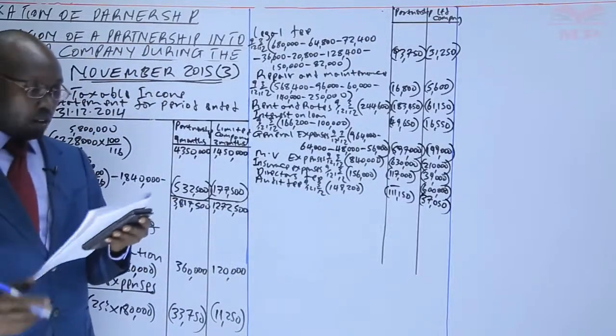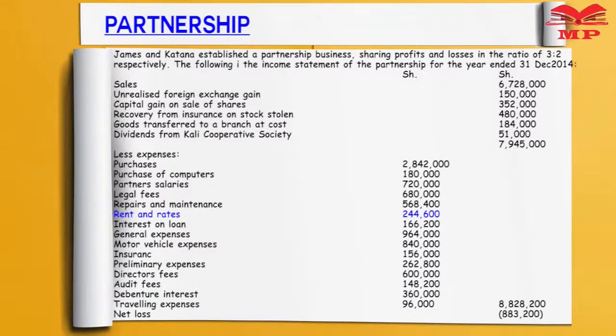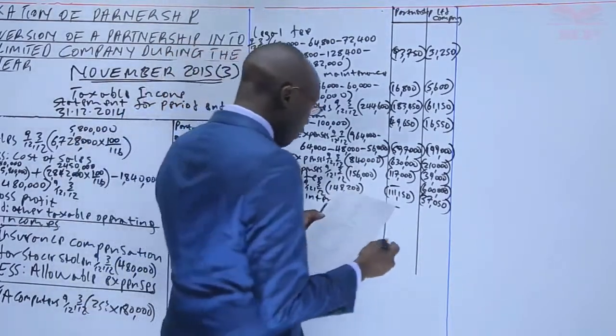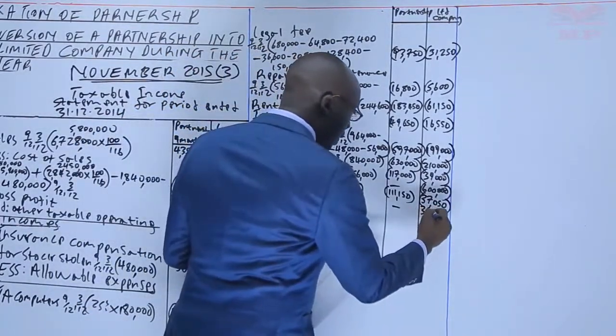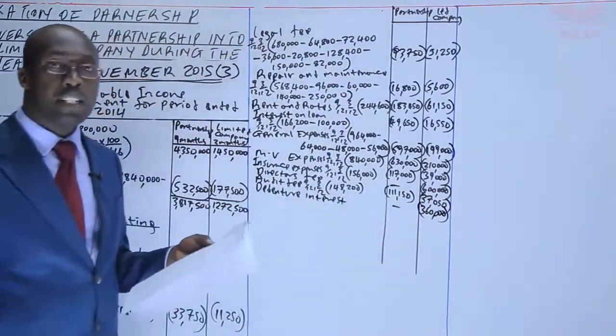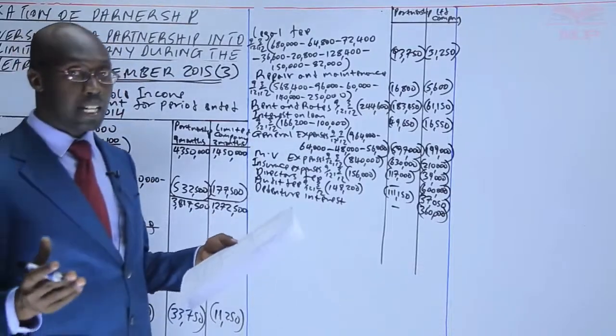After that, we have the debenture interest. We say debenture interest is allowable and only a company can issue debentures. So allowable for the company, debenture interest. We have 60,000. The next one is traveling expenses. Traveling expenses is usually an allowable expense.